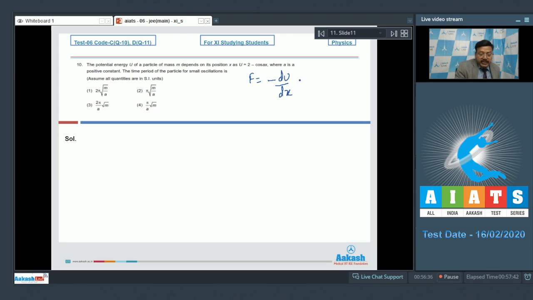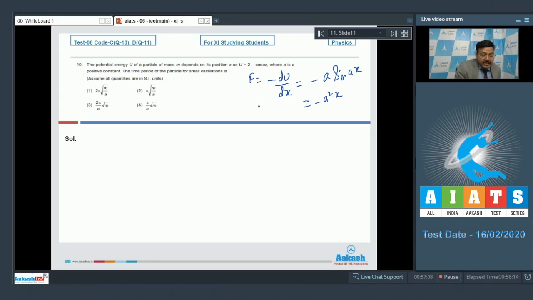And if I carry out this derivative, finally it will be minus a sine ax. And for small values of x, we can replace this by minus a into ax. That means minus a square x. This becomes our restoring force for the SHM.